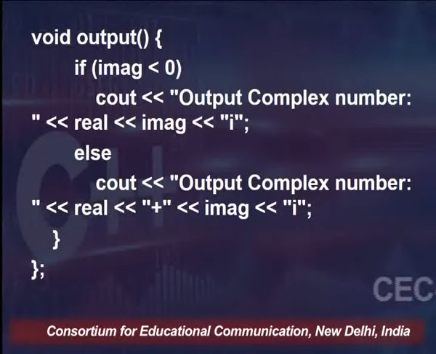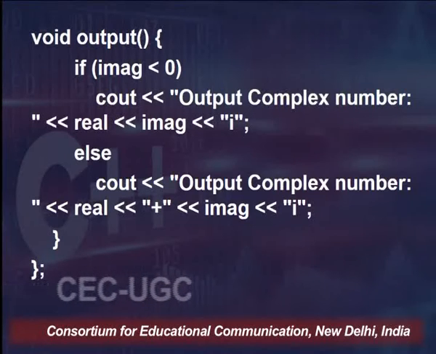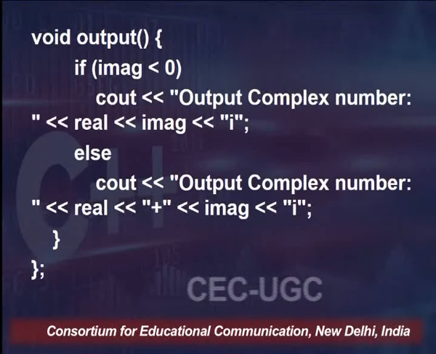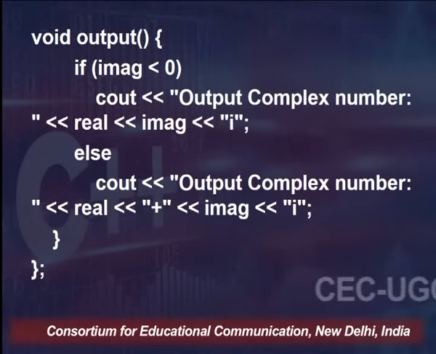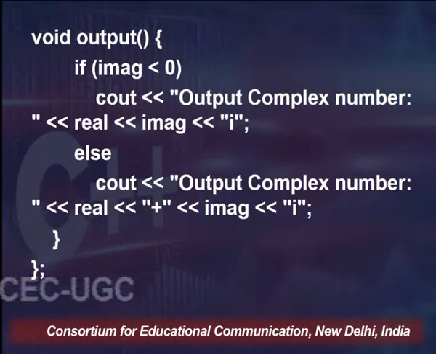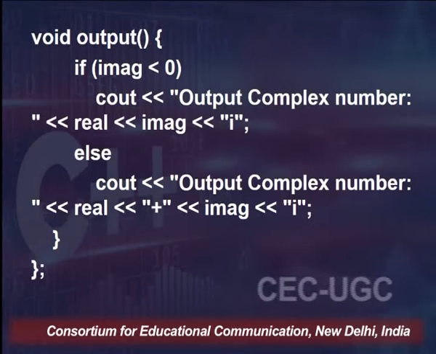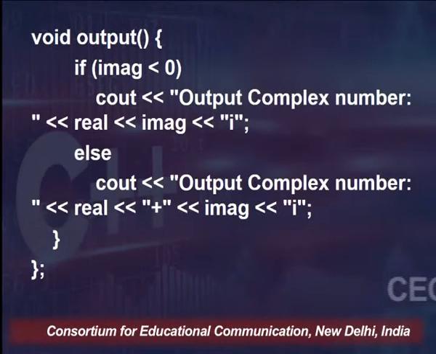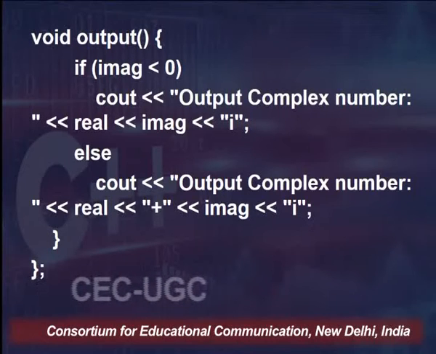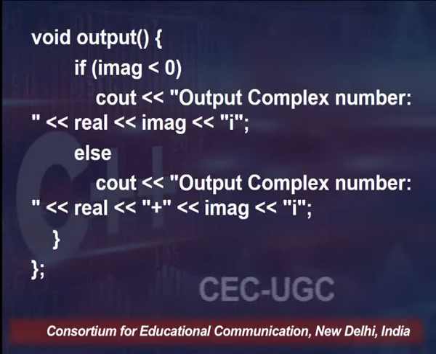Then in order to show the output, we are going to write: if imaginary is less than 0, then we will say the complex number is real, imaginary and i, else the complex number is real plus imaginary i. So this is what we are going to show in the output. So what is actually happening here?